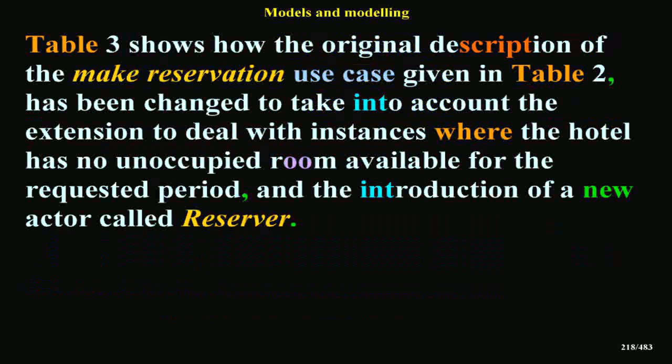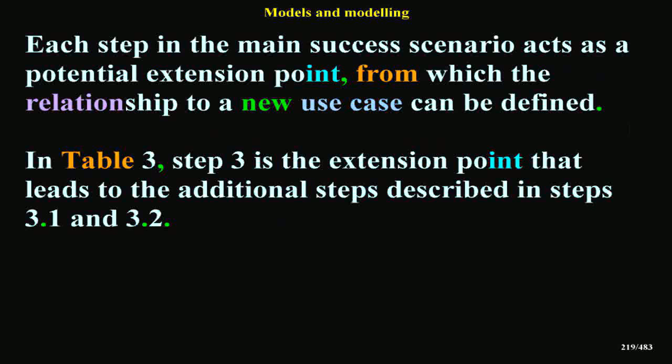Table 3 shows how the original description of the Make Reservation use case given in Table 2 has been changed to take into account the extension to deal with instances where the hotel has no unoccupied room available for the requested period, and the introduction of a new actor called Reserver. Each step in the main success scenario acts as a potential extension point, from which the relationship to a new use case can be defined.